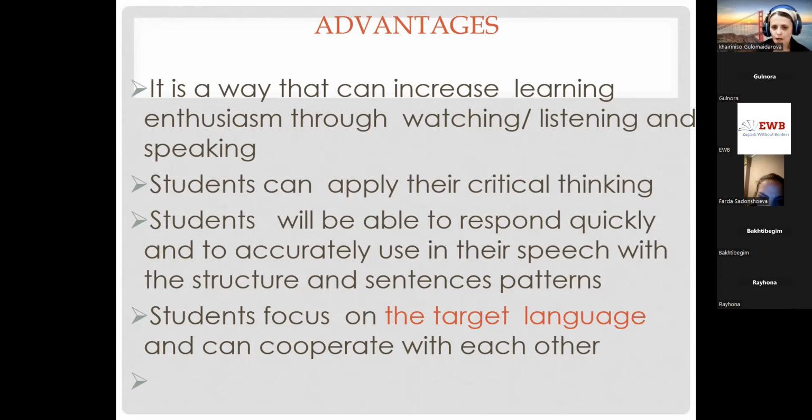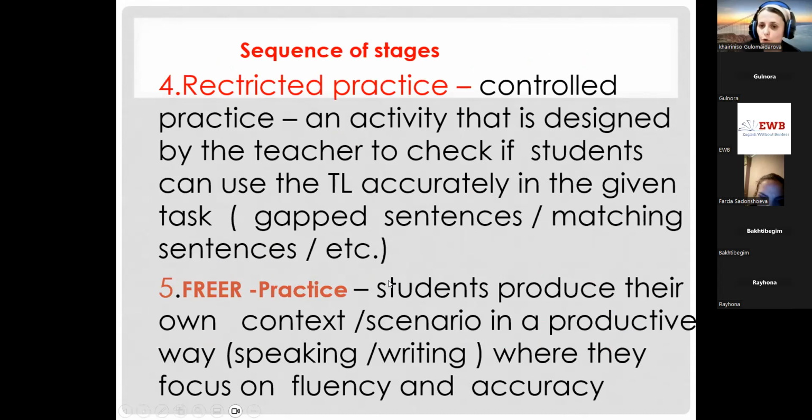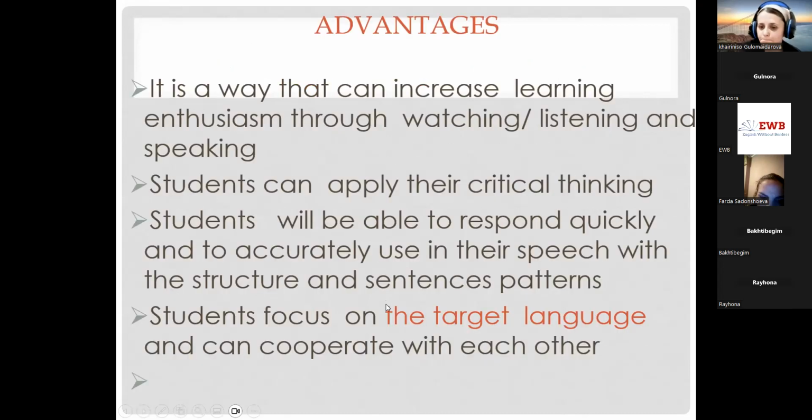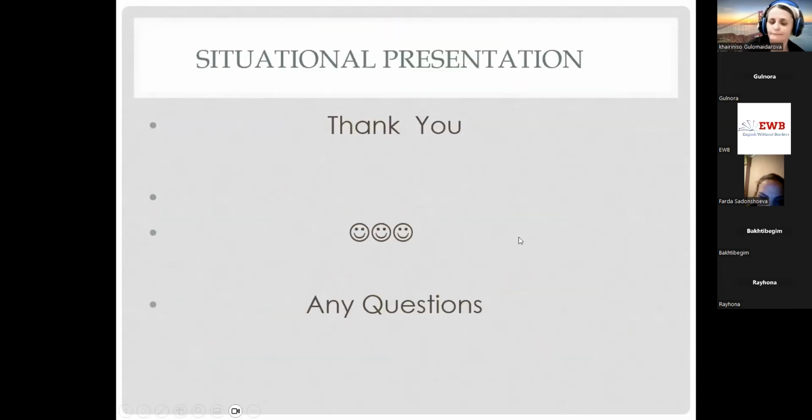So students focus on the target language and can cooperate with each other. So these were the advantages of using situational presentation in your lesson. Okay, thank you so much.